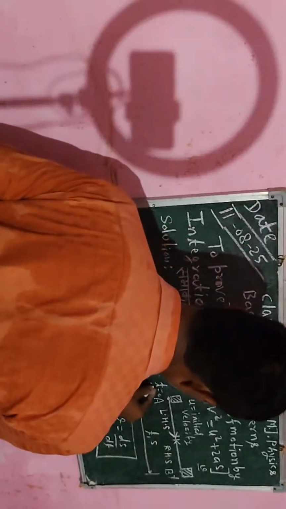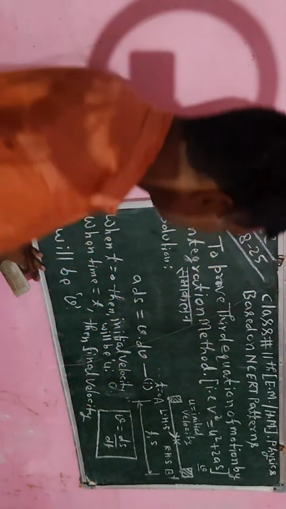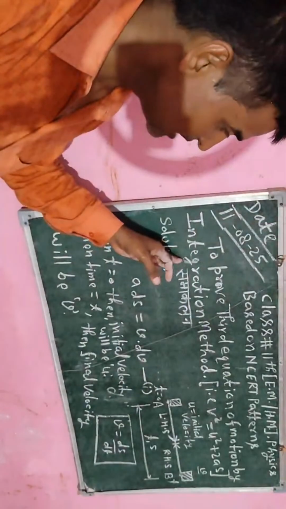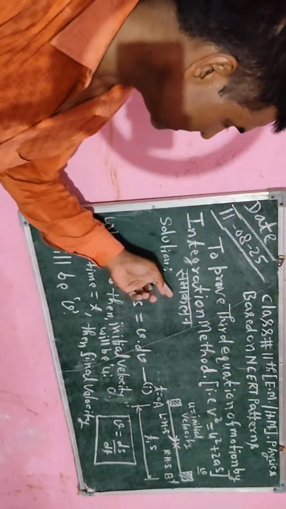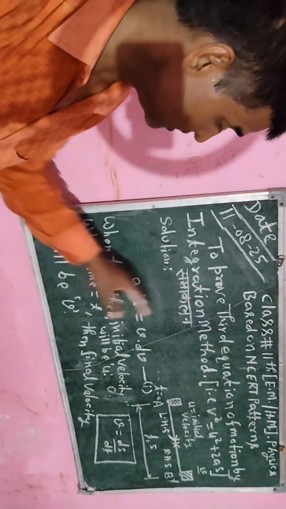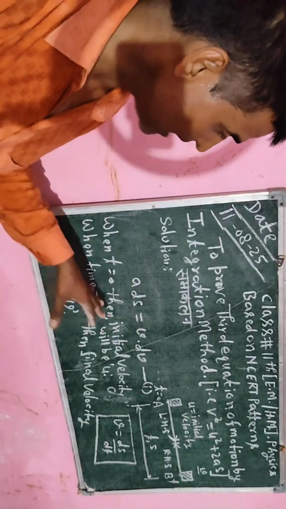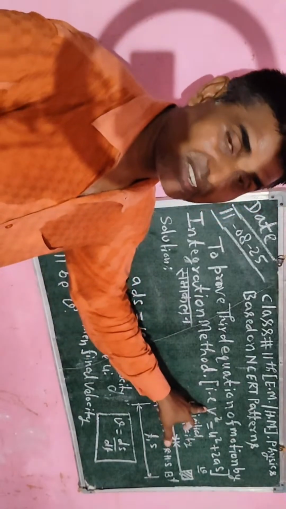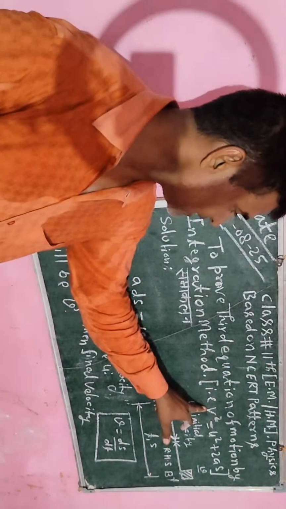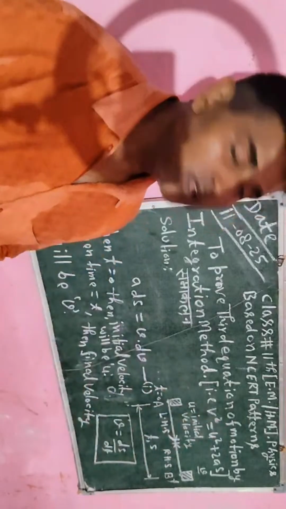After writing, we will also use the concept of the integration method. Then I will solve it, and after solving I will get the above identity, that is v square is equal to u square plus 2as.